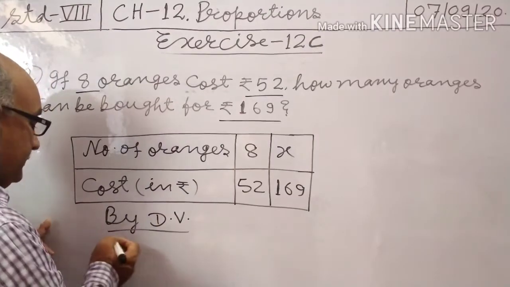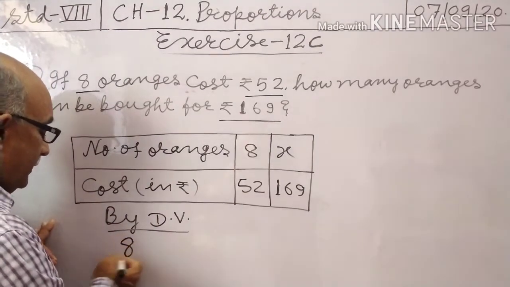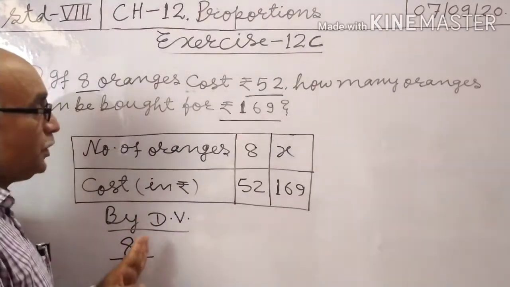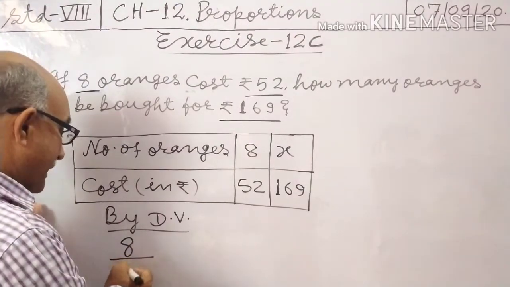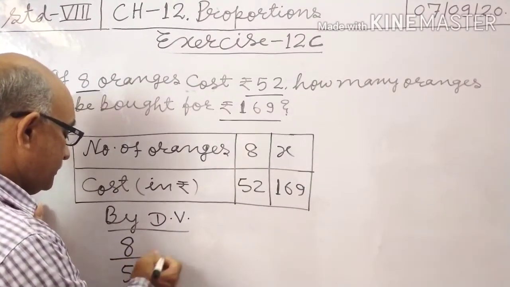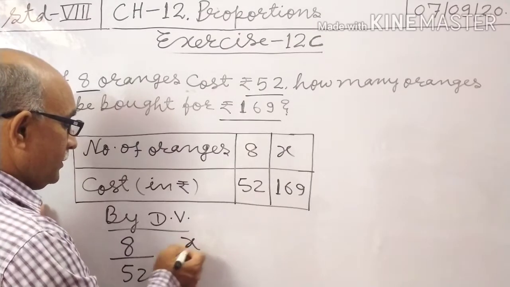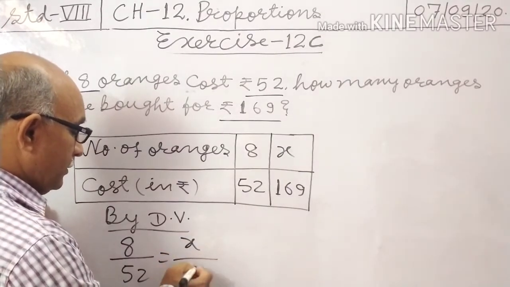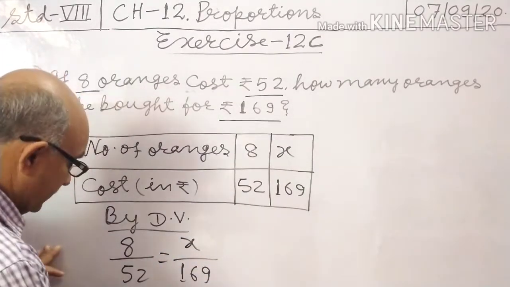So by direct variation, the ratios of two quantities are constant. So 8 by 52 equal to x by 169.